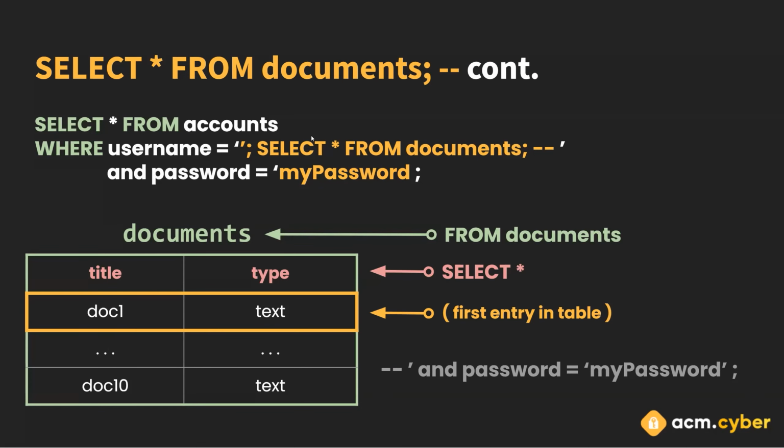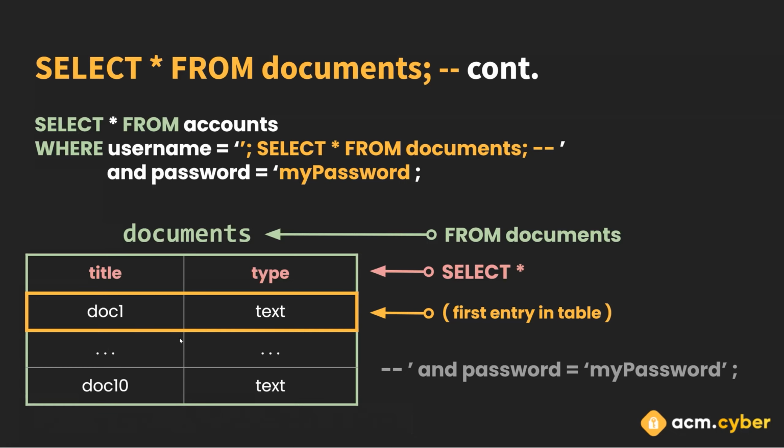So it's going to see this statement end, and depending on how the backend is set up, it might be set to execute multiple queries. So it's going to look at ours and say, oh, select star from documents. Okay, let's go to the documents table, let's select star, so every field, and let's not have any where conditions.